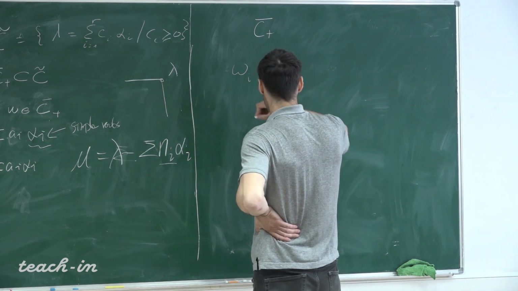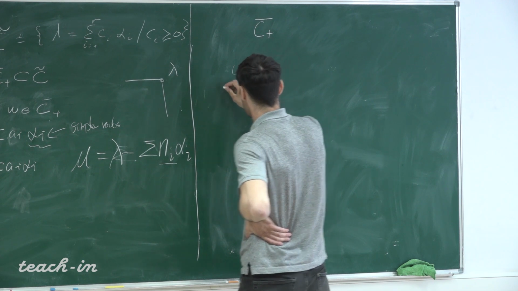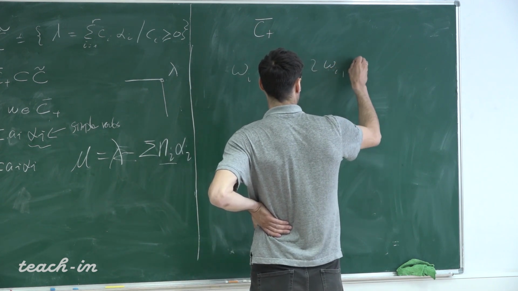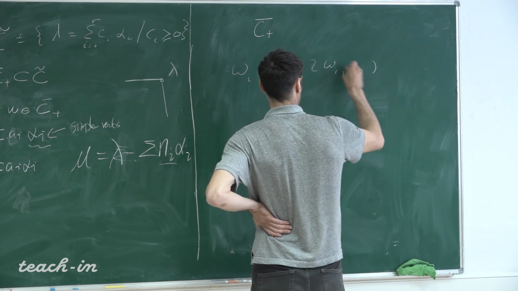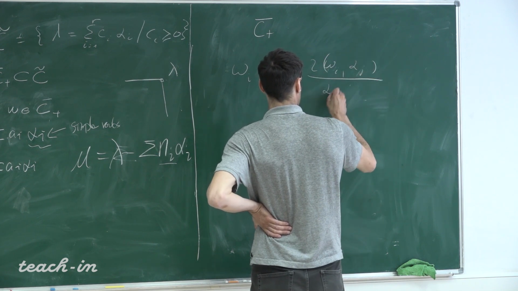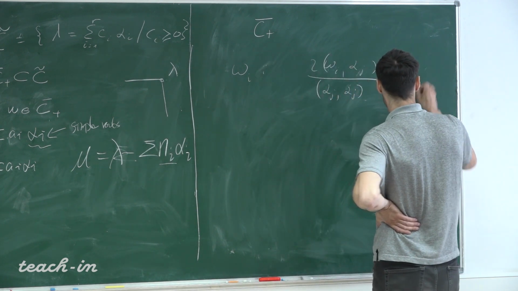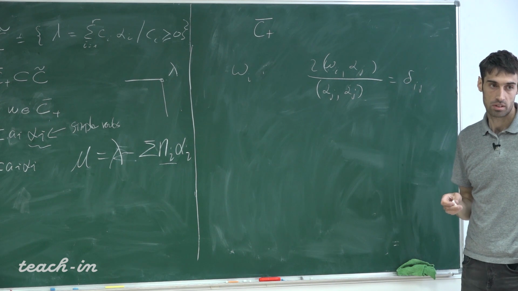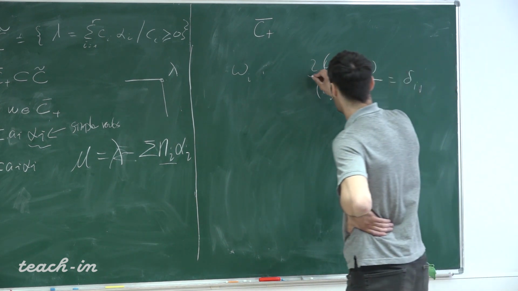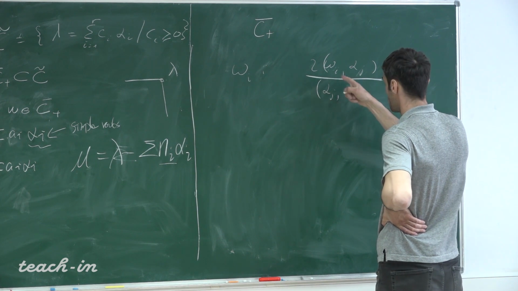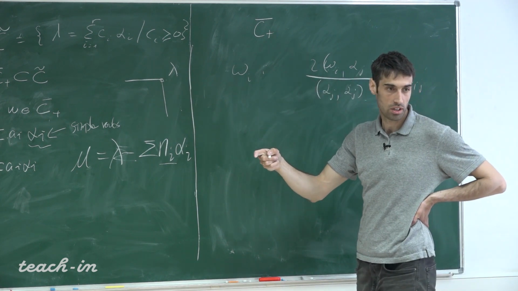And omega i's are such that omega i evaluated on alpha j is delta ij. So this is the definition of omega i's.